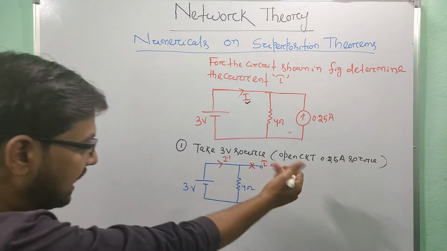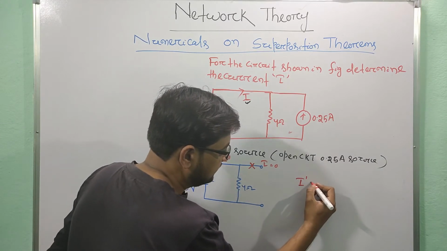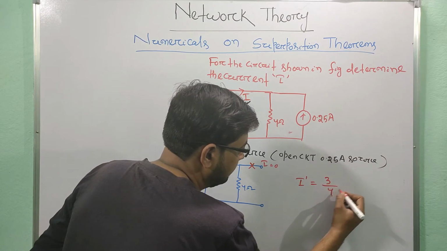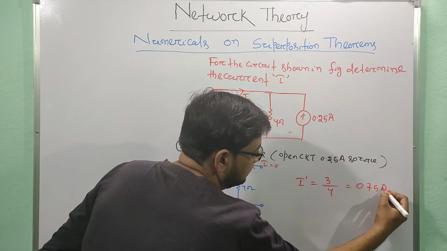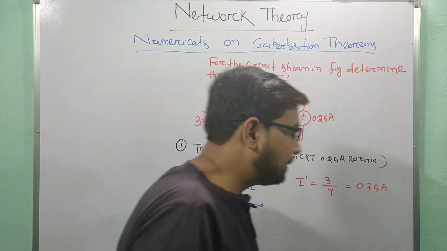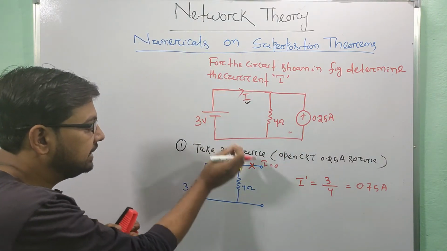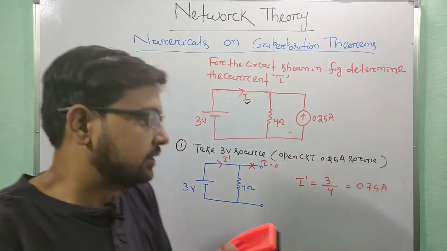Then what is my I dash value? I dash is equal to 3 by 4, that is equal to 0.75 ampere. So I dash value is 0.75 ampere for taking the 3 volt source and open circuiting the 0.25 ampere source.